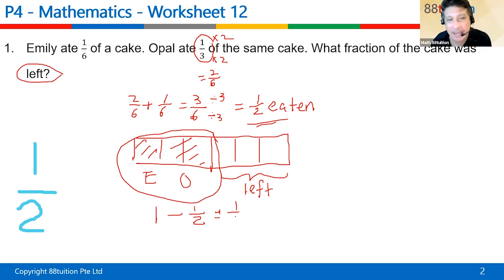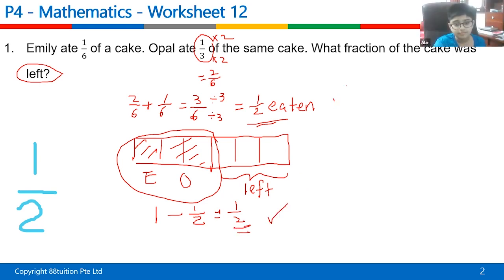Good job. You cannot just stop halfway, because it so happens that half is eaten, therefore the other half is not eaten. That's why you cannot just stop there, although the answer looks the same. All right, let's move on.